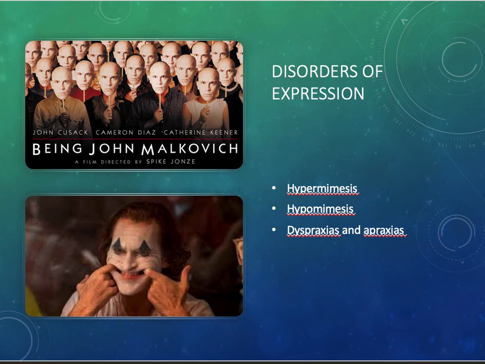And then dyspraxia also has to do with expression, because we express ourselves with more than just our face, right? And so dyspraxia is the partial loss of the ability to perform purposeful movements and gestures with accuracy. Apraxia means they completely lose it.